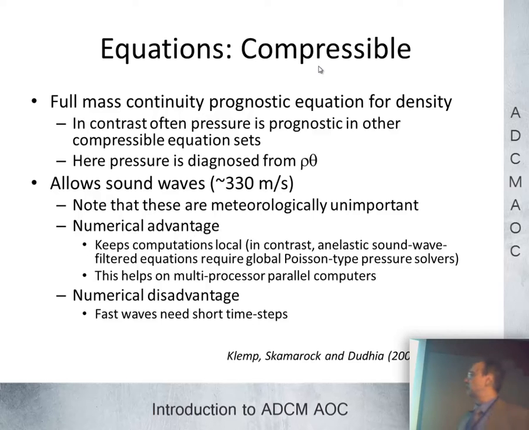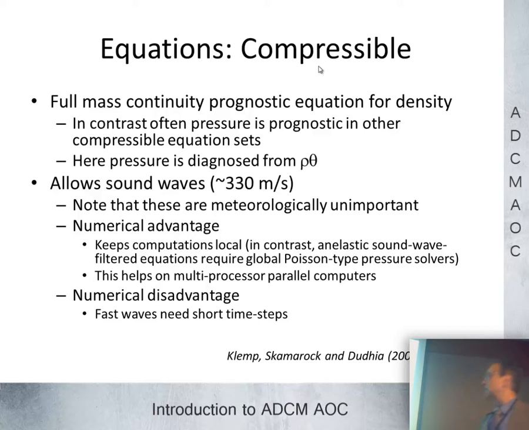So by keeping the computations local, that helps multiprocessor parallel computers because you're not doing a lot of communication to solve for the next time step. You only need information from the neighboring grid cells to compute your next time step. There's a disadvantage, which is you have these fast waves that you have to deal with, and they need shorter time steps. So we have to find a way to deal with those.